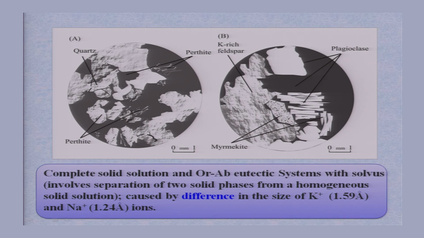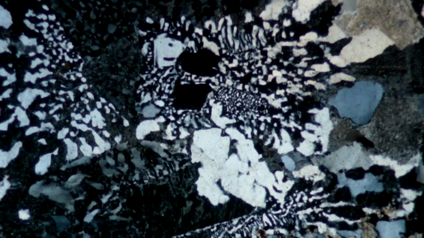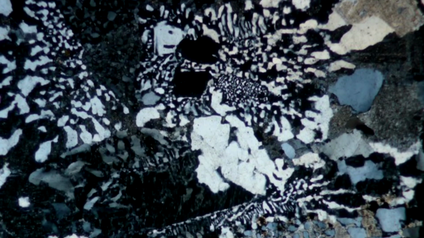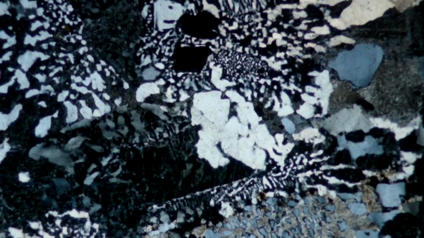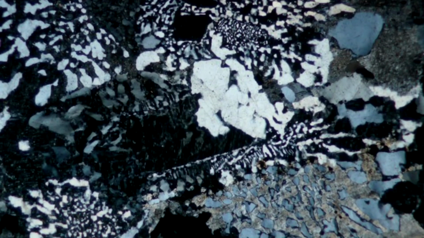What is seen here? The feature is more or less the same, but what is the difference? The feldspar is myrmekitized. The SiO4 is detached from the cations and is present here in the form of vermicular quartz, which shows myrmekitic texture.